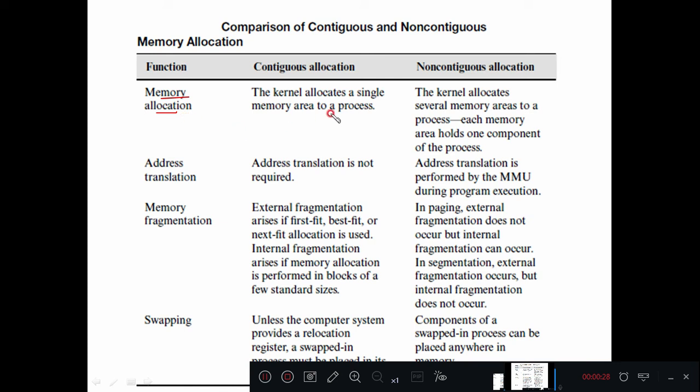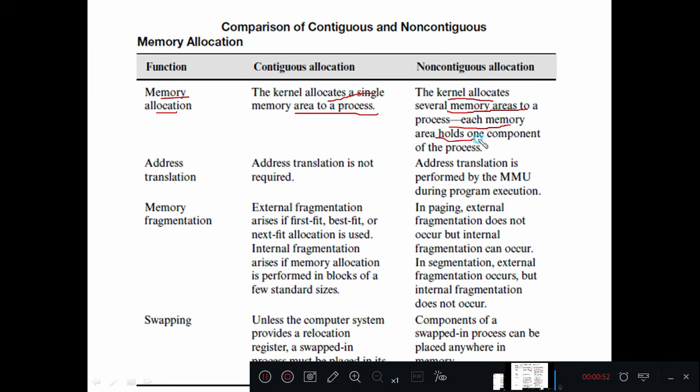The kernel allocates a single memory area to a process, right? So whenever the process requests, or whenever the user requests memory from the operating system or the kernel, then the kernel will allocate contiguous memory to the requested process. And in case of non-contiguous memory allocation, the kernel allocates several memory areas to a process.